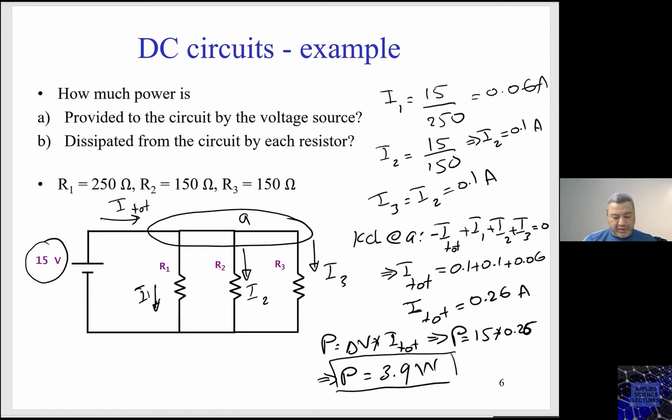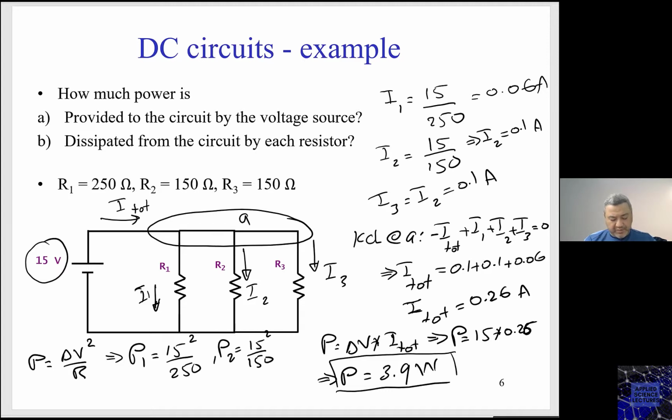Now, if we want to calculate the power dissipated from the circuit by each resistor, then we can use this expression, which is P equals to delta V squared divided by R, which means P1 is 15 squared divided by 250, and then P2 is 15 squared divided by 150.